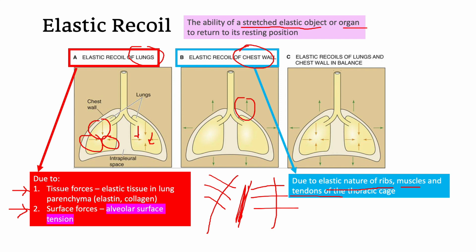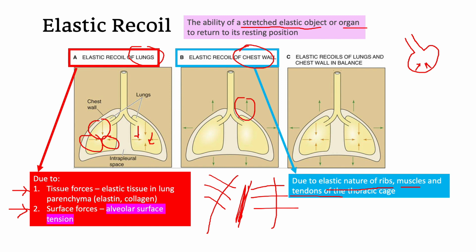The other force that contributes to the elastic recoil of the lungs is the alveolar surface tension. As I draw here, this is the alveolus. The alveolar surface tension is prone to collapse the alveoli.